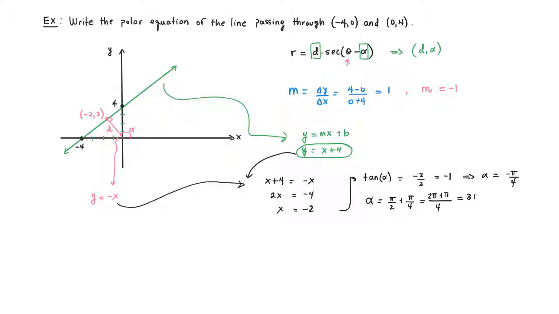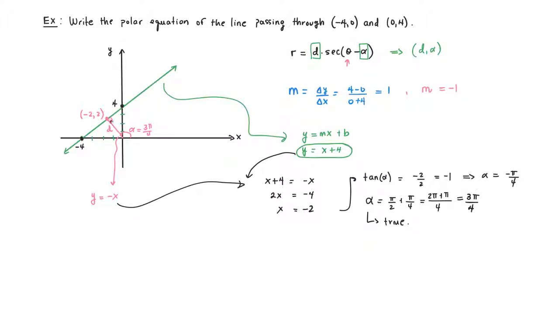That will give us 3π/4. And that's how I find my true alpha, the one that I want. So I already know that this alpha right here, this angle right here, is going to be 3π/4.